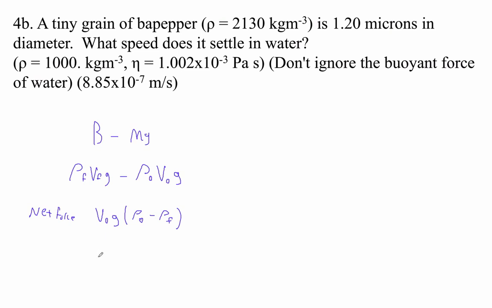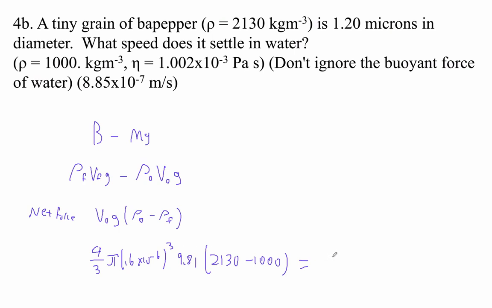You can go 4/3 pi times 0.6 times 10 to the minus 6th to the third, times 9.81 times 2130 minus 1,000. And that'll give you, you can arrive directly at what the Stokes force is.